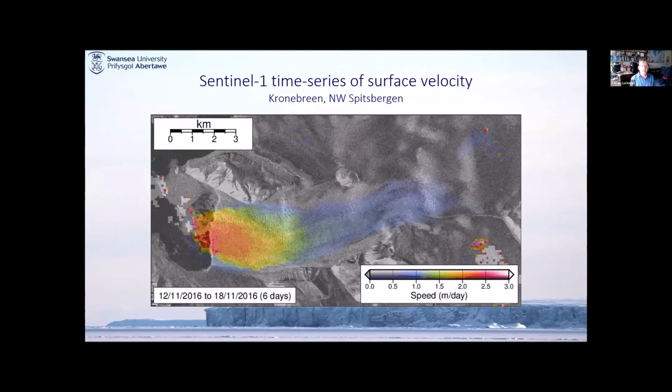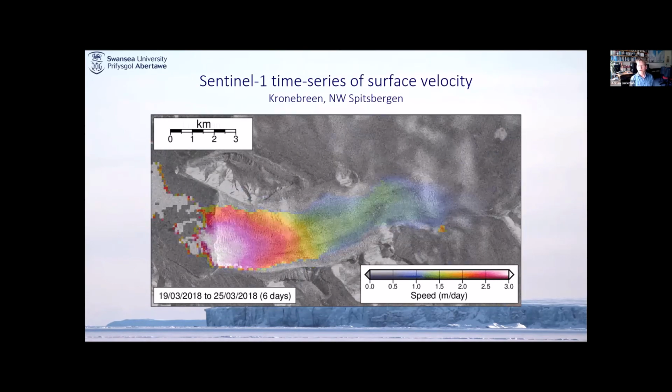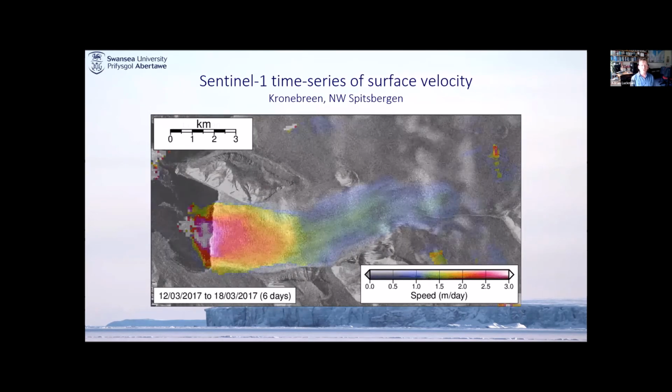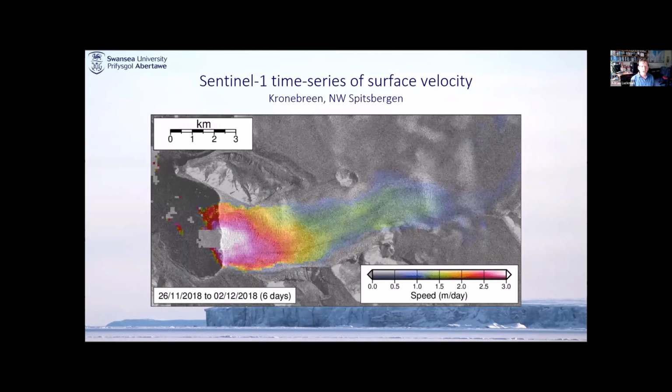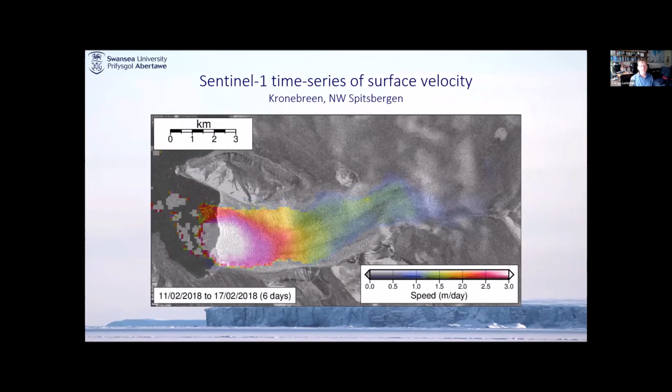So the next slide is a time series of these velocity maps from this same glacier. I'm aware that over Zoom, these animations don't always work so well, but I'm hoping what you can see is quite a lot of variability through the years.